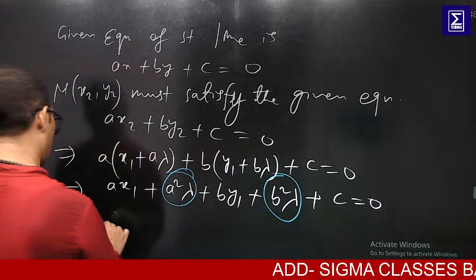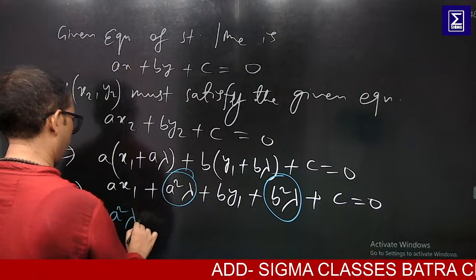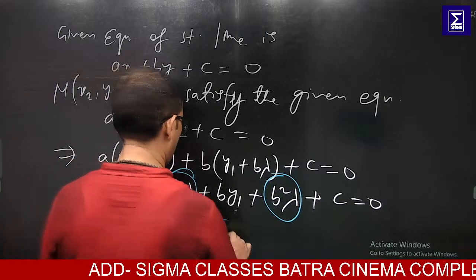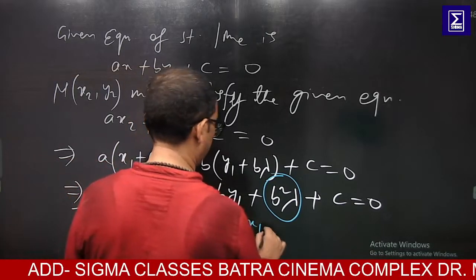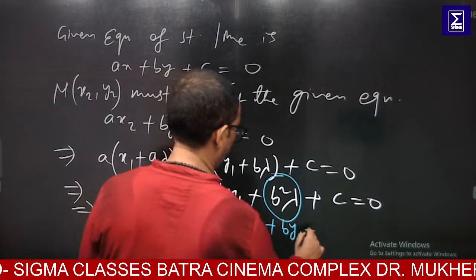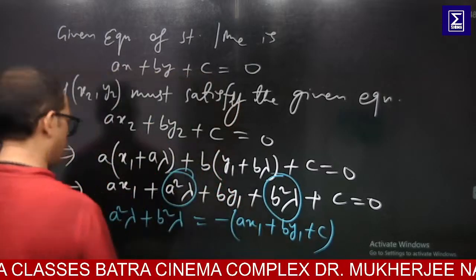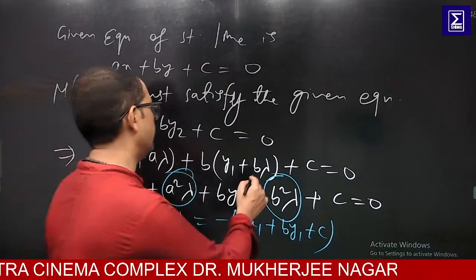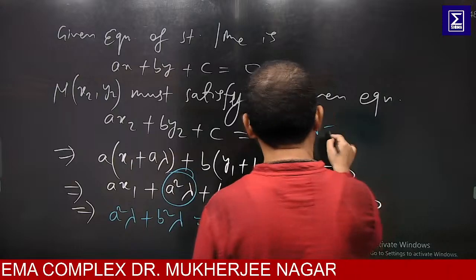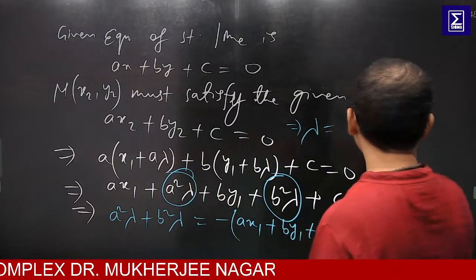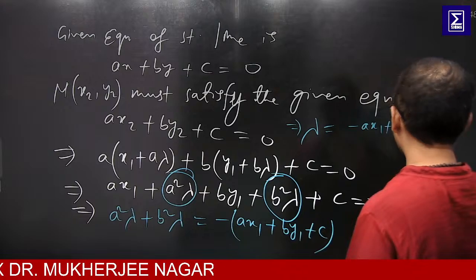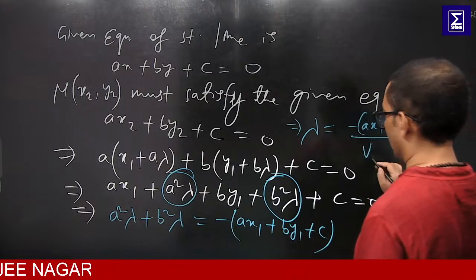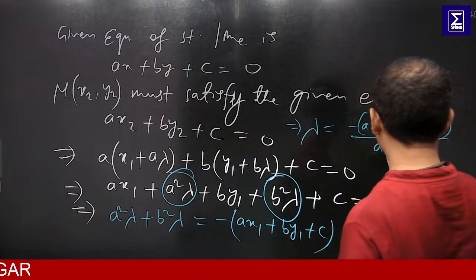So a square lambda plus b square lambda is nothing but minus of, this will go that side, ax1 + by1 + c. Is that clear? So now lambda will be nothing but minus of (ax1 + by1 + c) upon a square plus b square.